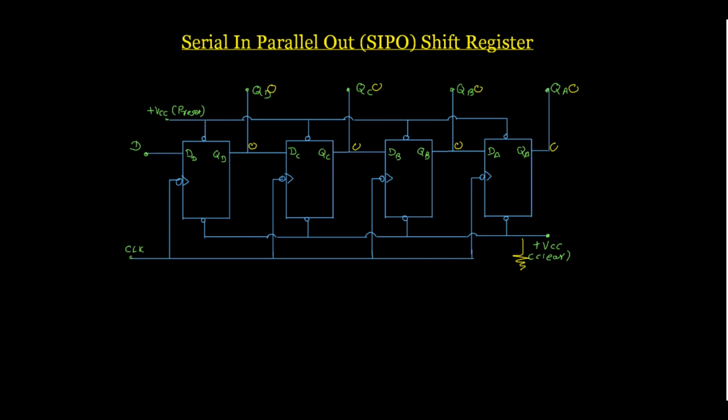When you clear this, at that time you don't require any clock pulse. It is an asynchronous input. Now let us apply some data at the input. Now when we apply the data, then we have to remove this ground.